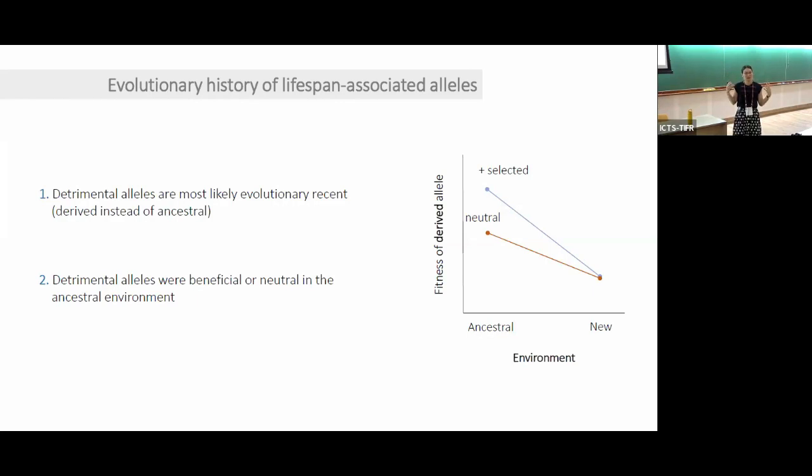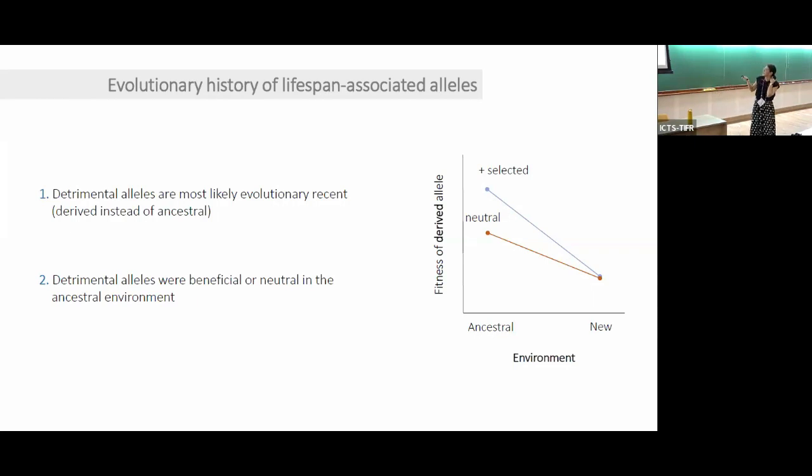This is just the idea that these are SNPs that helped us adapt to previous conditions. The second one is that detrimental alleles today were beneficial or neutral at some point in our history, therefore they haven't been purged or fixed. So these are the two premises of this hypothesis.